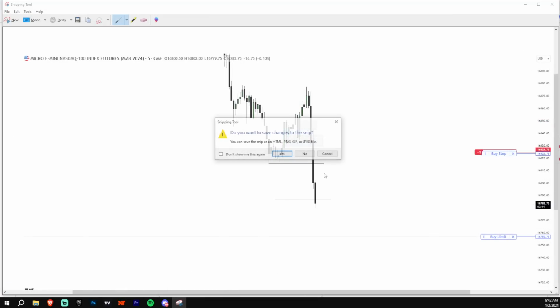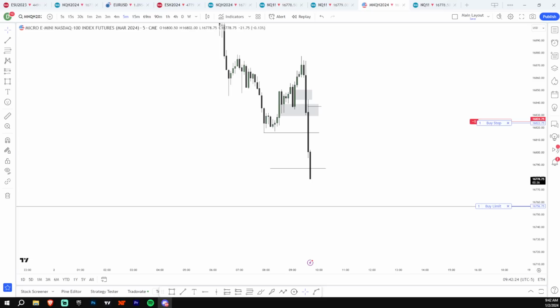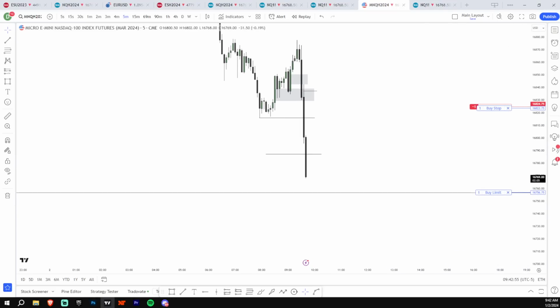You understand the idea behind that short? Should hit. This would be 70 points.